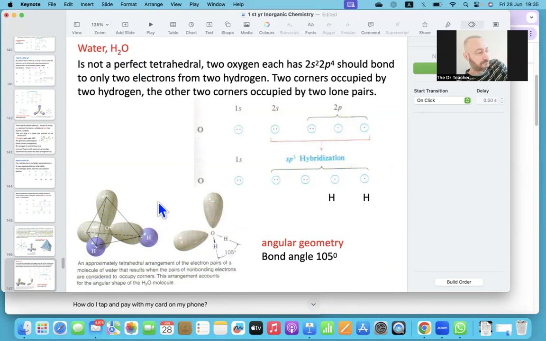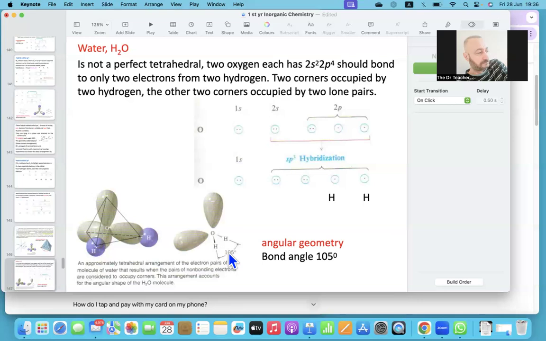So the shape is tetrahedral as well, but two corners are from lone pairs, not bonding: 2 single bonds and 2 lone pairs. It looks like tetrahedral, but in reality it's angular geometry, at 105 degrees.